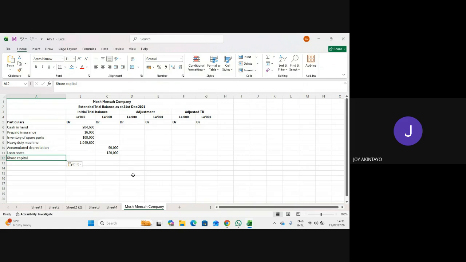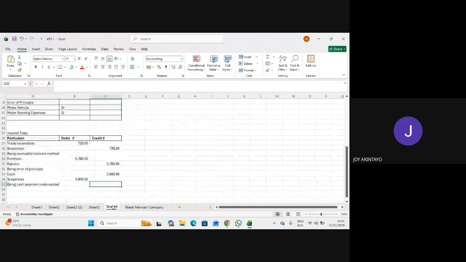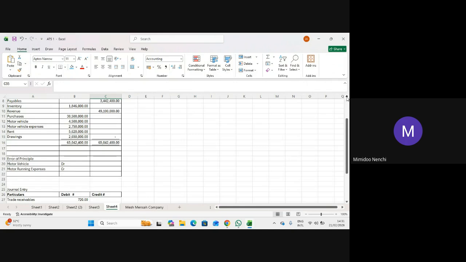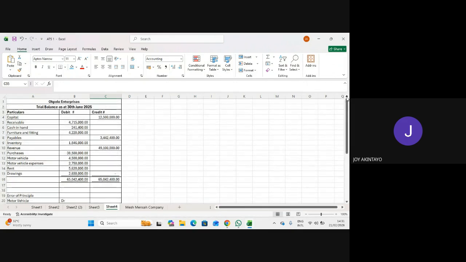I need your response. Share capital is equity, based on the table that was given. Credit side. Okay, we've done it. It will be on the credit side.